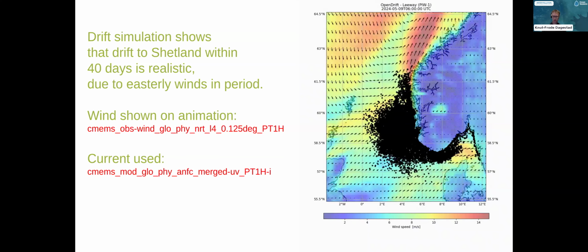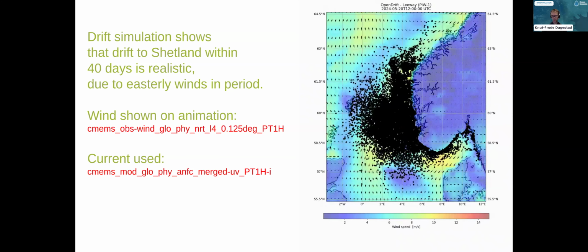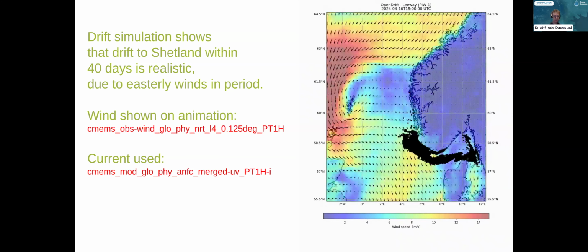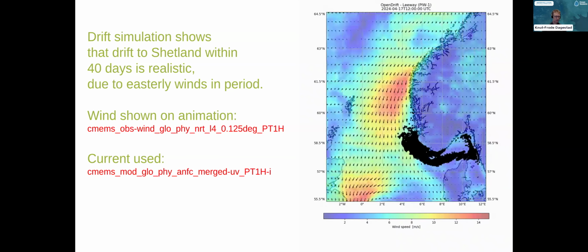So in this case, it was actually not the current, because the current wouldn't normally go that direction. But you see the wind product that we see in the background here. There was actually quite strong easterly wind in exactly this period. So that made it feasible that this was the natural cause of this incident.